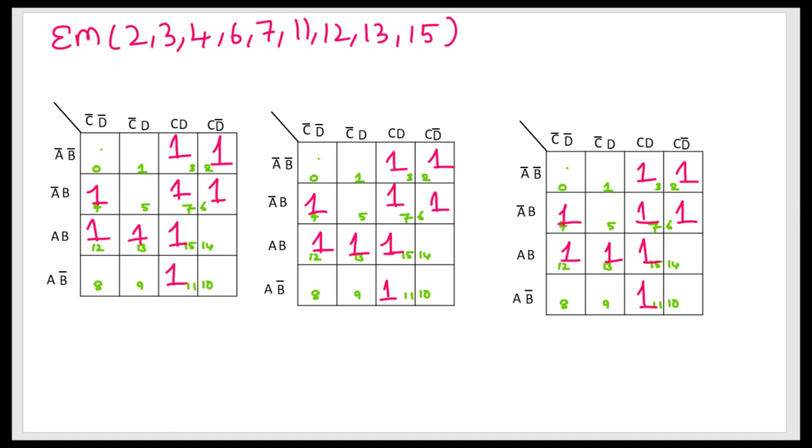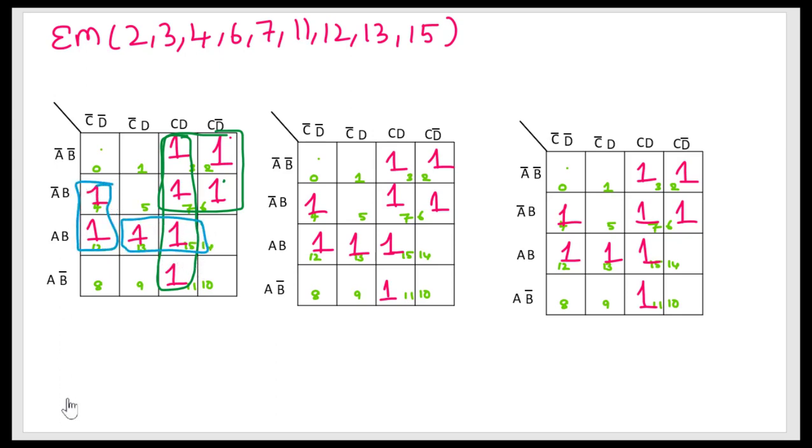Now we'll try to form the pairs, quads, octets. In the first case I am forming these 4 as one quad and these 4 as another quad. I am taking these 2 as a pair, these 2 as a pair, and these 2 as a pair.